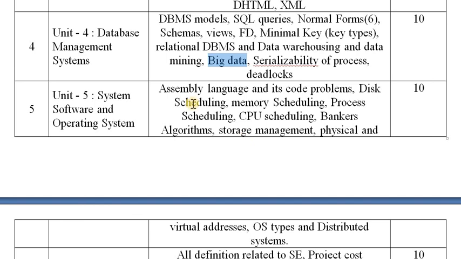Here they will ask questions related to assembly language, its codes, as problems, and then we have the following important concepts: storage management, disk scheduling, memory management, memory scheduling, process scheduling, CPU scheduling, and Banker's algorithm. Along with that they may ask physical and virtual address problems.